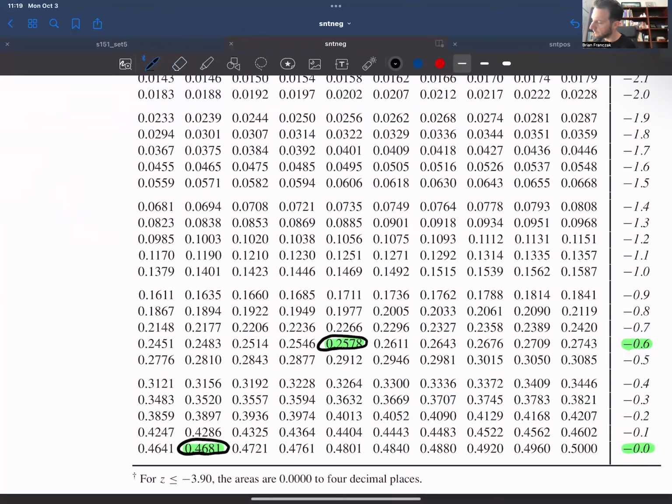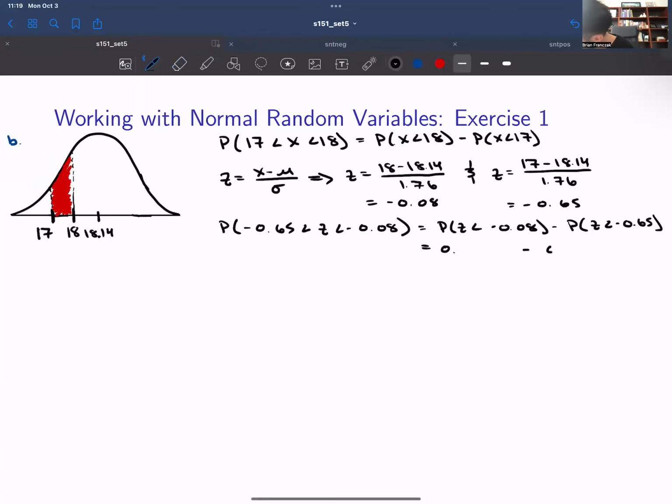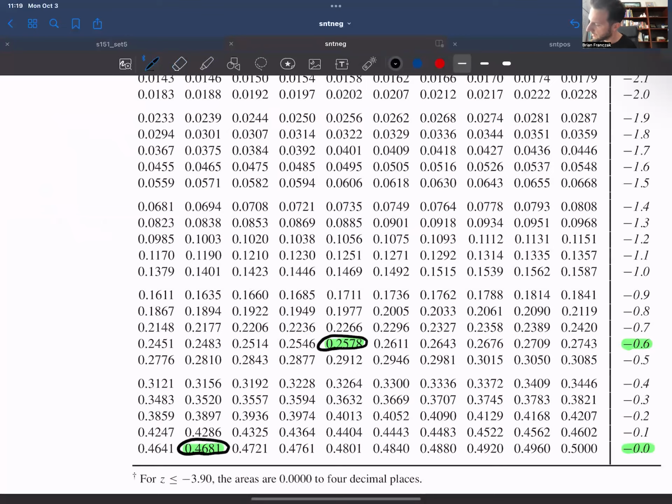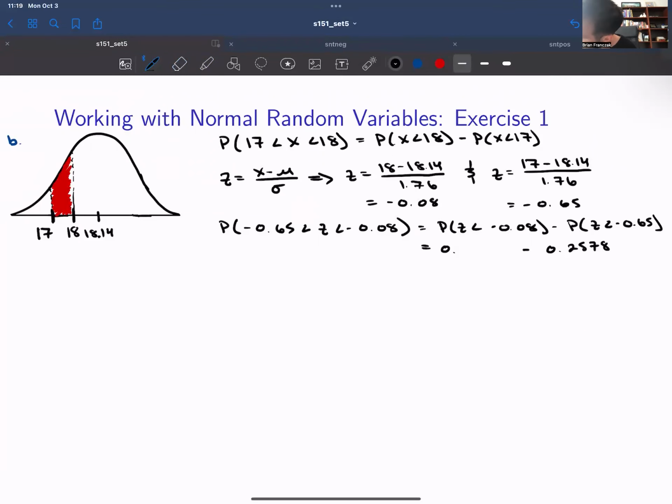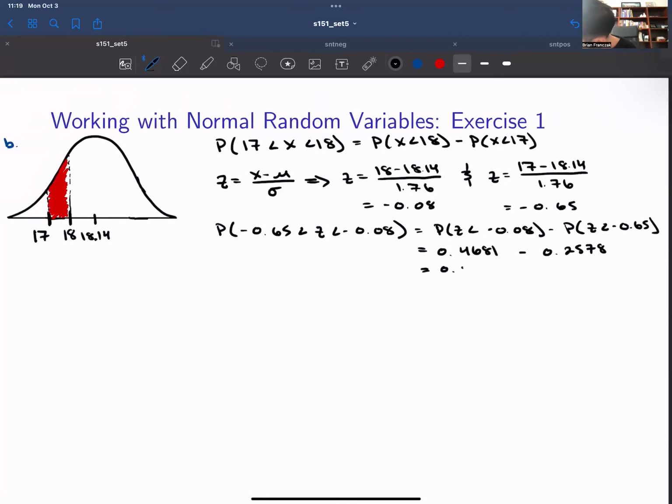Okay, so we had 0.2578 for the first one. All right, and then we have 0.4681 for this value. There we go. All right, and then this is going to give us 0.2103.